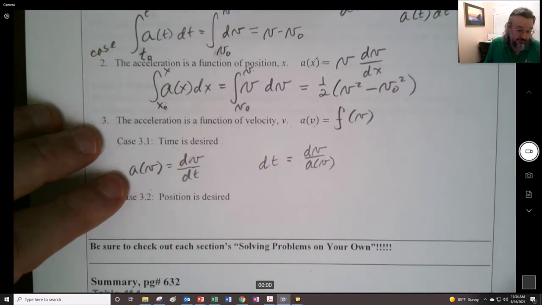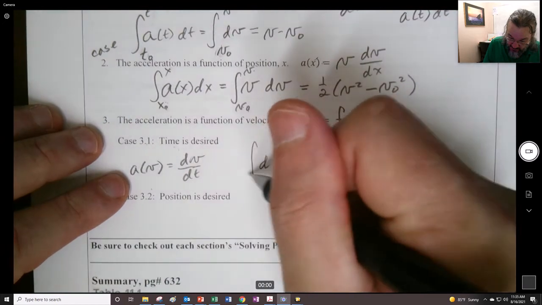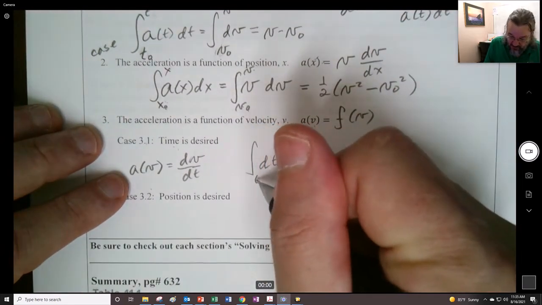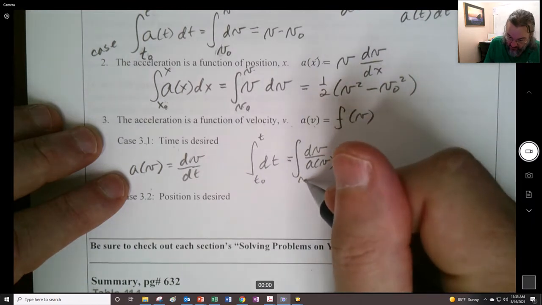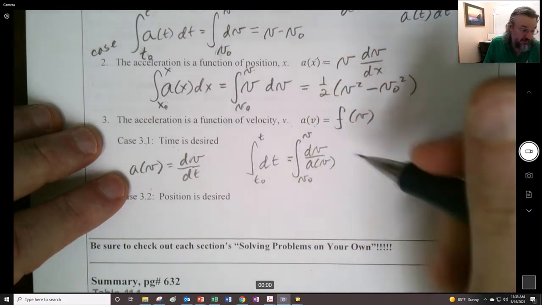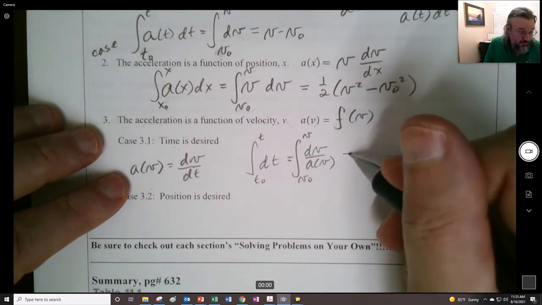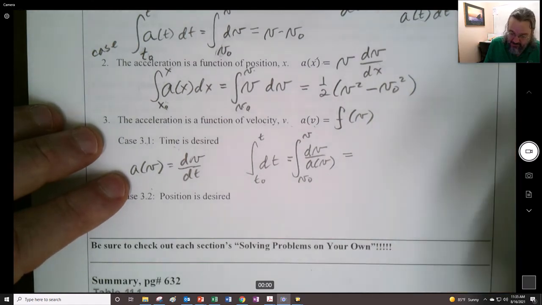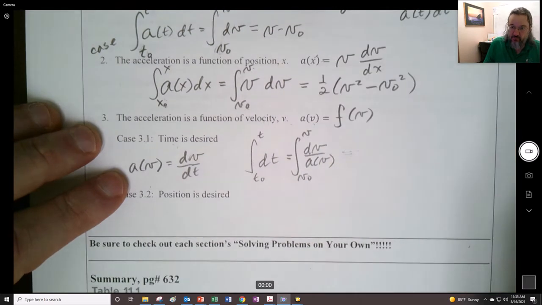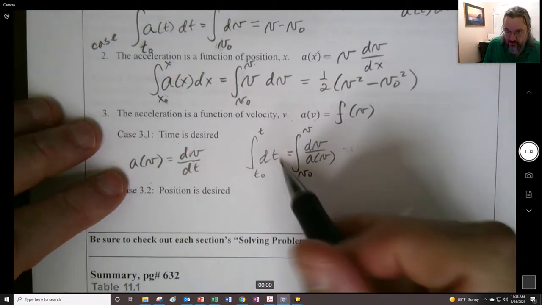So if we were to integrate this from t0 to t and integrate this from v0 to v, we might end up with, yeah, I guess I could just leave it like that. That's the scenario right there.